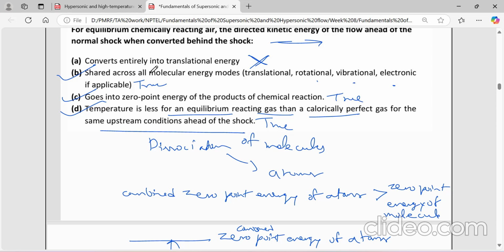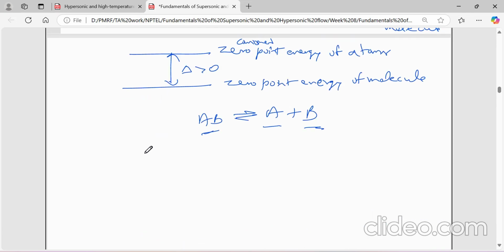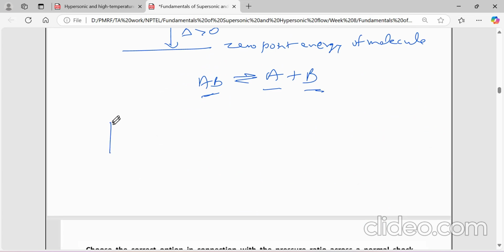So if we compare with the calorically perfect gas, let's say this is the total amount of kinetic energy. For the calorically perfect gas, let's say it was half and half. Some half was going for translation, half for rotation. I am telling you, only assume, it is not correct that half and half will go.